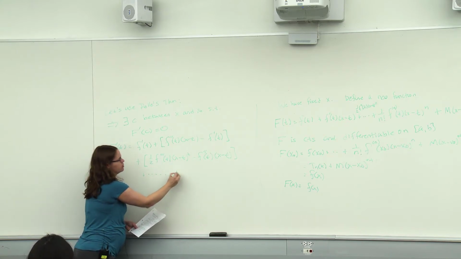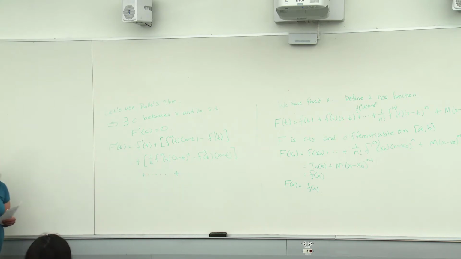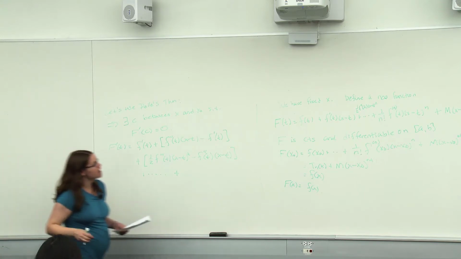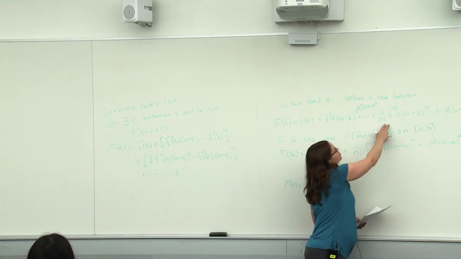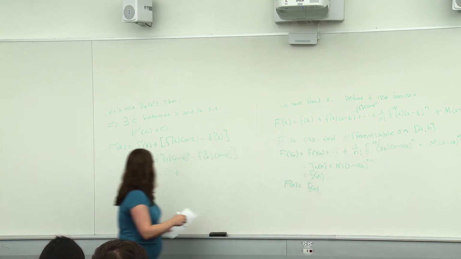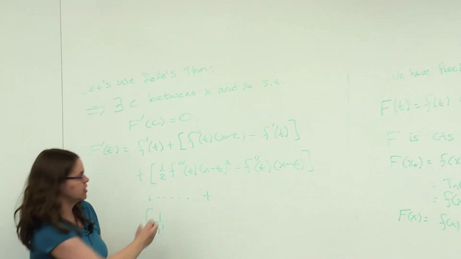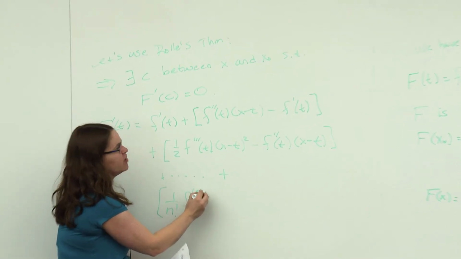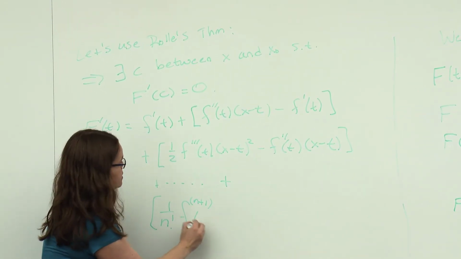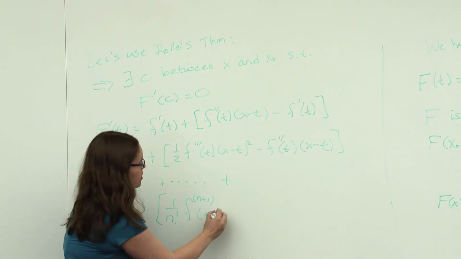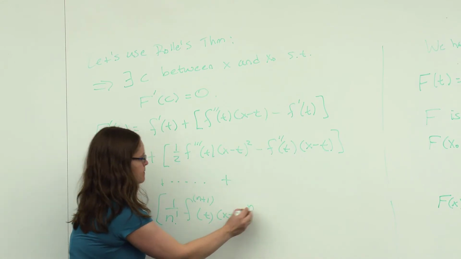And we can keep going. There's more terms. Then when we start to get to the end here, again, we do product rule on this guy. So I'm going to get 1 over n factorial. Take a derivative of my first term. I get f^(n+1) at t times x minus t to the n.